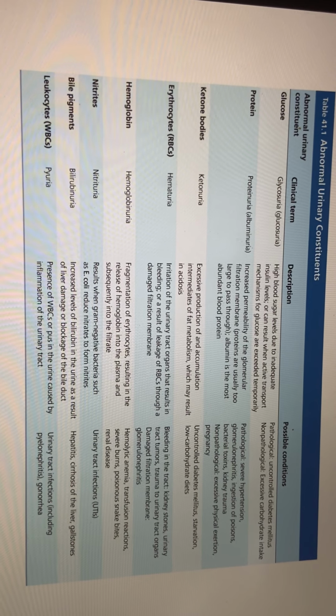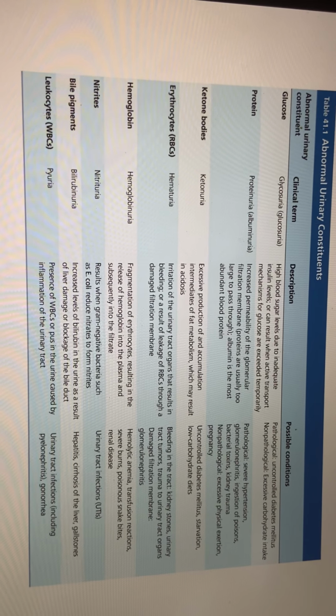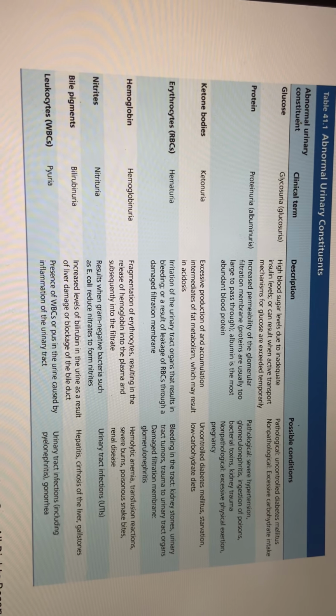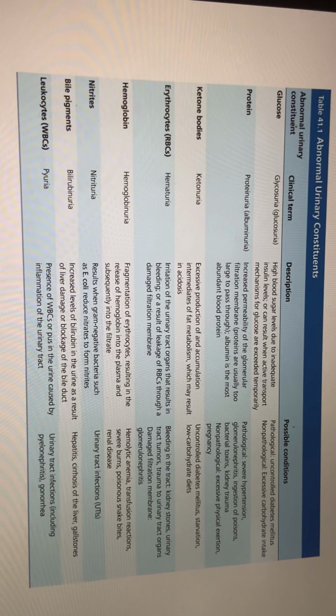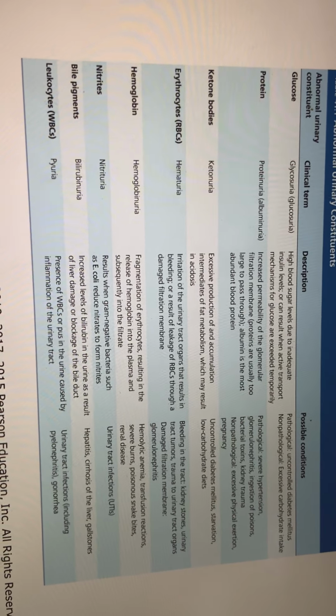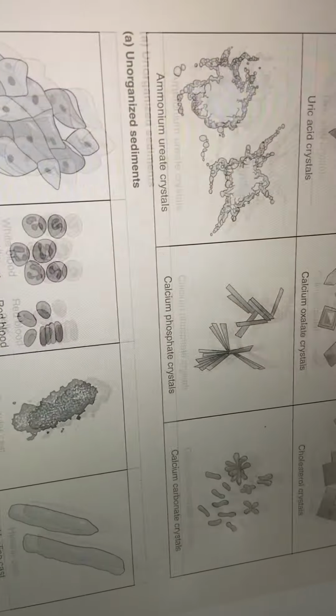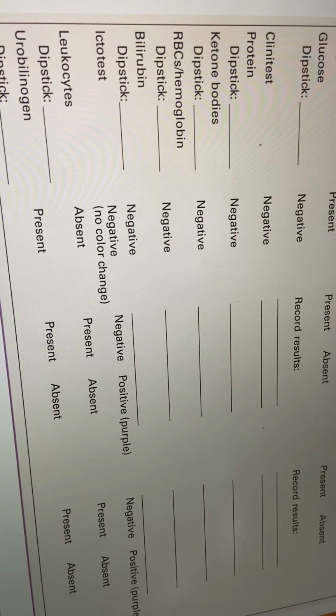So what is the color of urine in glomerulonephritis? Anyone? If there is glomerulonephritis, what is the color? Is it light? Is it light red? If there is fresh bleeding, it's bright red.